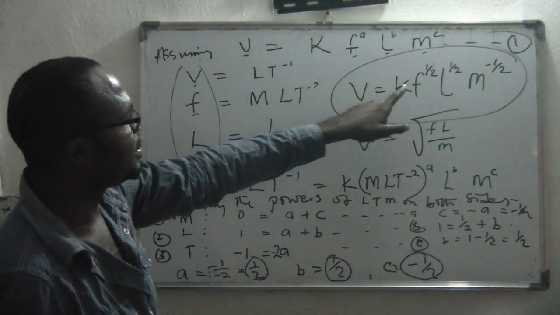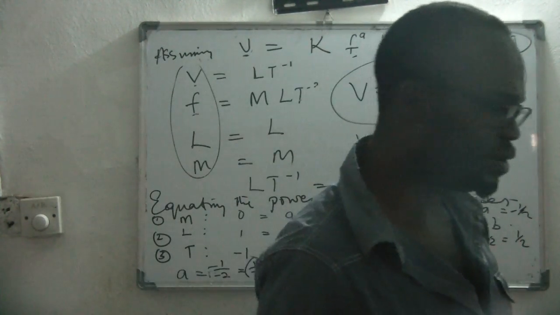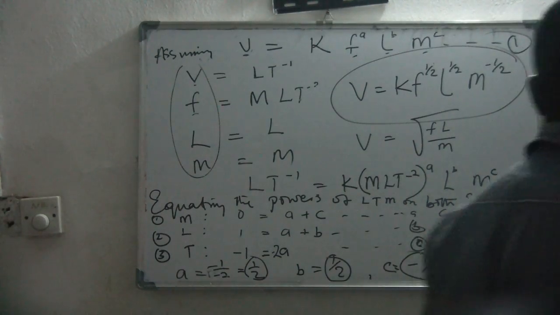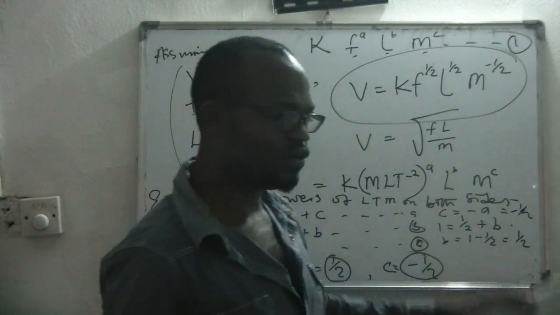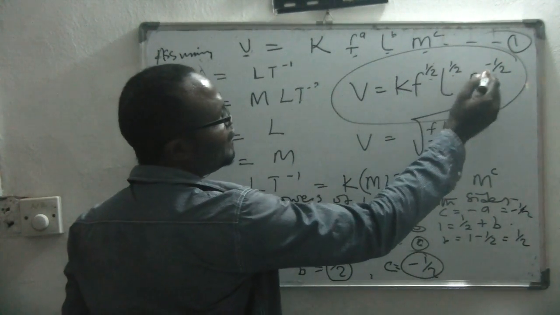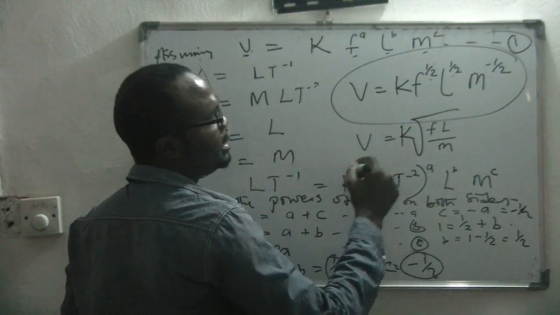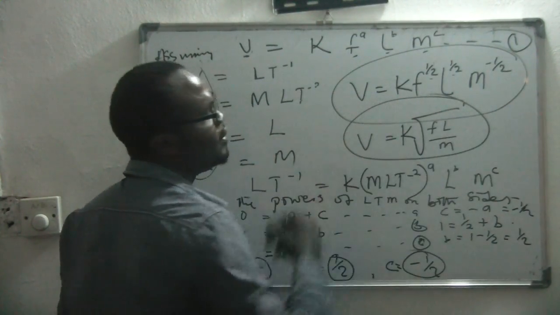Is that clear? Yes. Because we have half all through, you can put it to be equal to K root of FL over M. These are having half, that's why they are inside the square root. So we now put K here, making this the final formula.